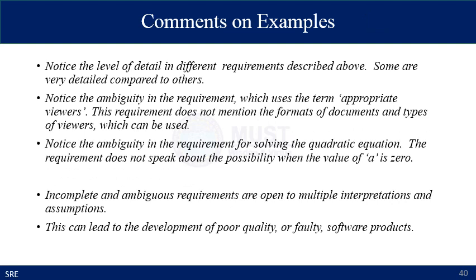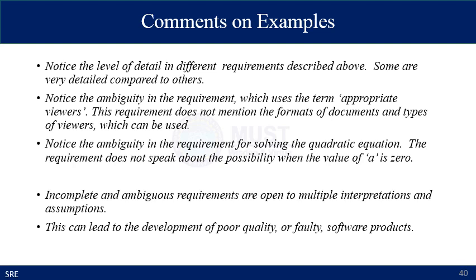So here you can notice that the level of detail is different in different requirements described above. Some are very detailed as compared to the others. Notice the ambiguity in the requirement which uses the term appropriate viewers. The requirement does not mention the formats of documents and types of the viewers which can be used.